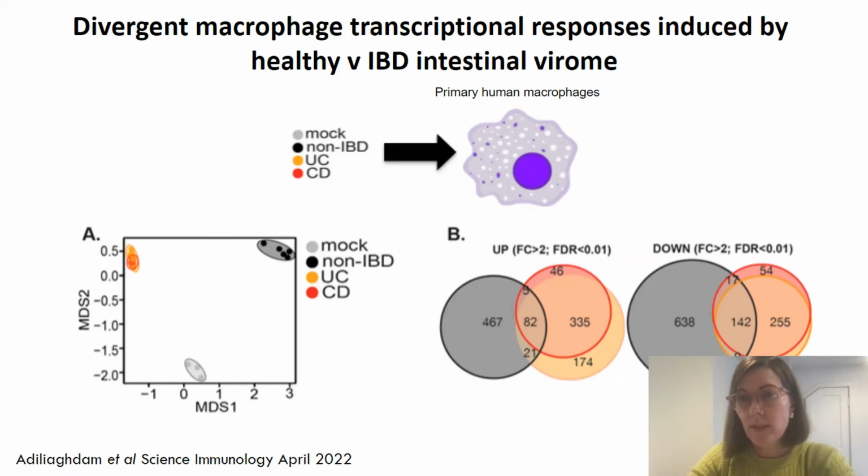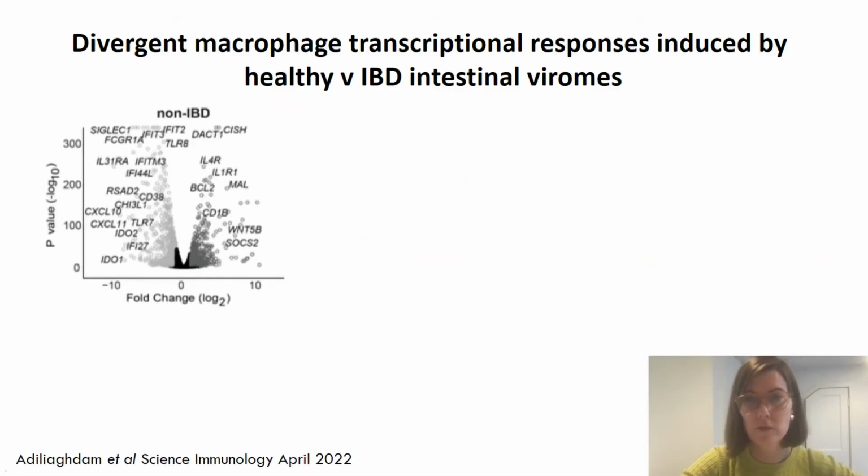What was interesting is that the healthy virome seemed to downregulate the transcriptional response in macrophages, suggesting that it was dampening the host immune response. This had very little overlap with the ulcerative colitis or Crohn's disease viromes, which overlapped quite tightly in the transcriptional programs they induced.